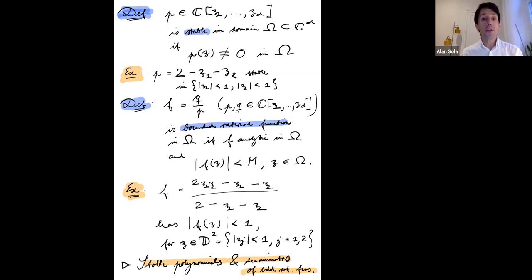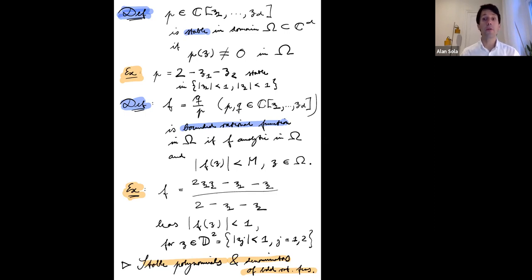So the other objects that we'll be considering in this talk, other than stable polynomials, are so-called bounded rational functions. We say that a function of the form q divided by p, where both p and q are multivariable polynomials, is a bounded rational function in omega if f is analytic on omega and its modulus is bounded for all points in omega.